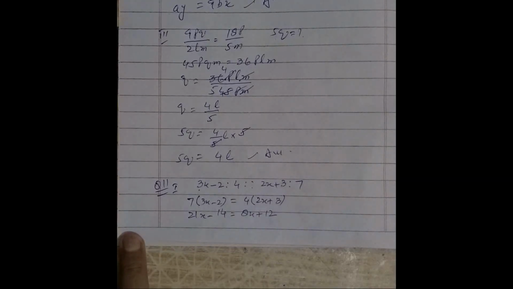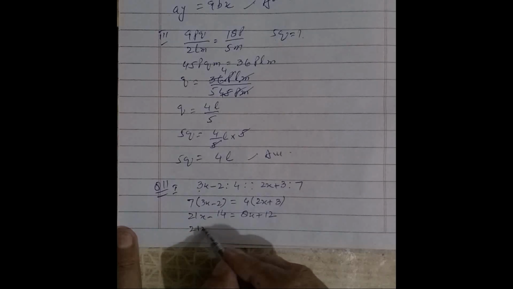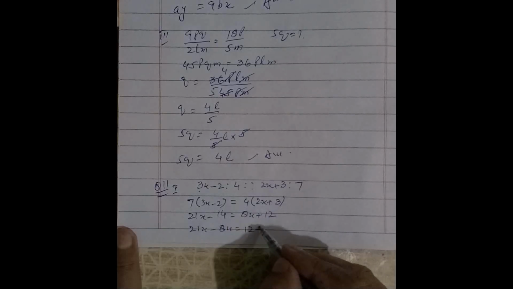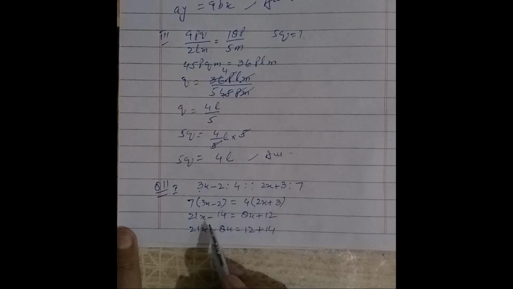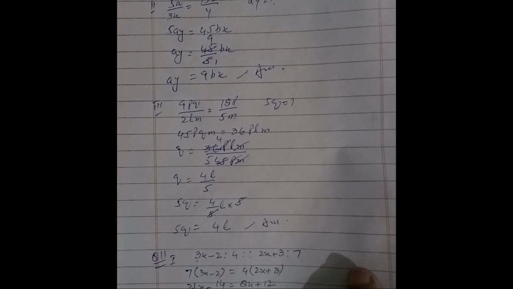Now we shift 8x on the left side, which is 21x minus 8x is equal to 12 plus 14, because 14 is negative on the left side, and when it is shifted to the right it becomes positive. And the other values, 12 plus 14 is equal to 26.